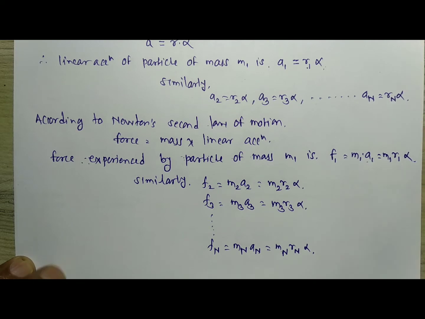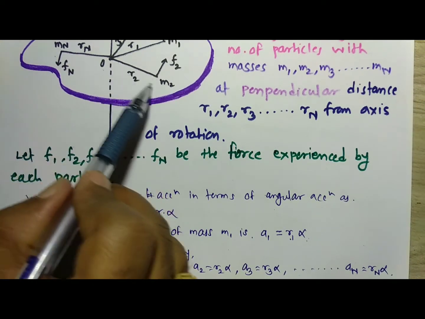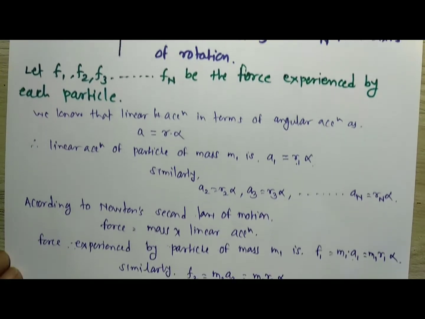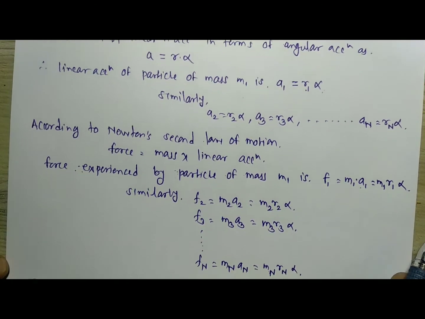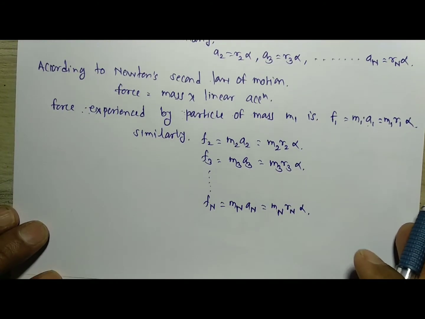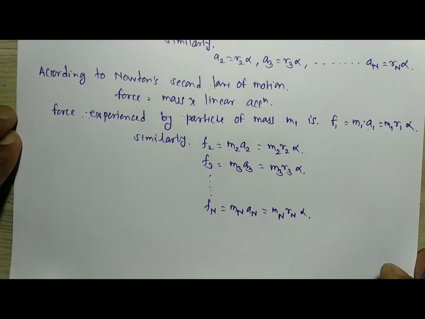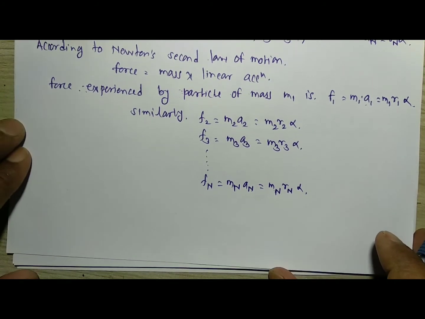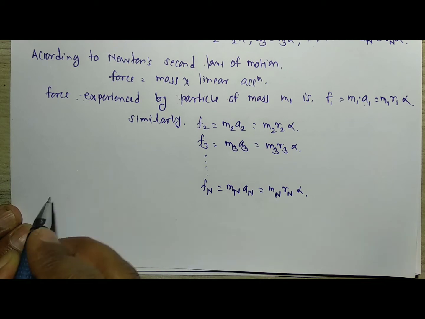The angle between these two is 90 degrees, so theta is 90 degrees. Now we consider the torque on each particle. We know that torque is equal to force into perpendicular distance from the axis of rotation.